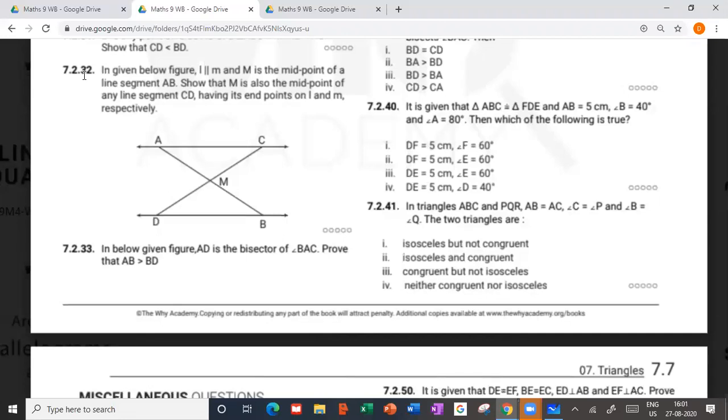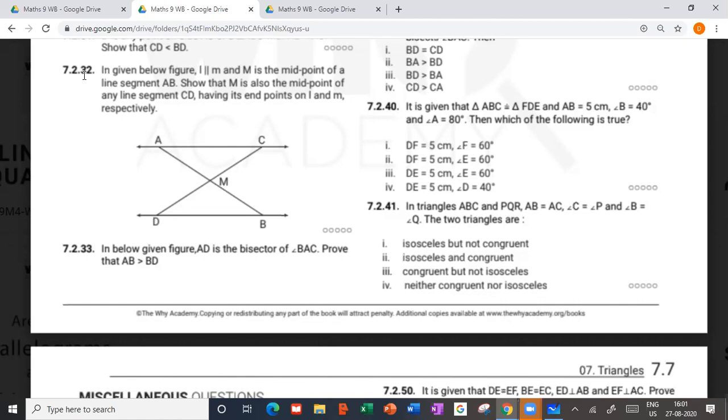So we can say that by ASA. And then the final step, DM is equal to CM because of CPCT. So that means it is the midpoint of those two, because those should be equal. Very good. Awesome.